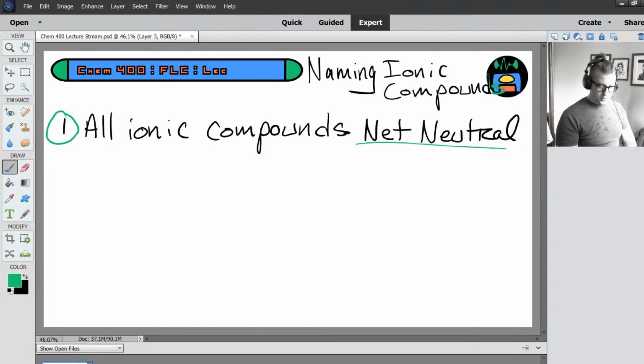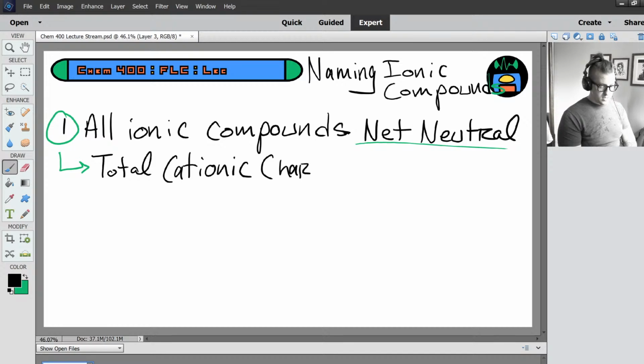Now, net neutral, what does that mean? Net neutral means that the total cationic charge equals the total anionic charge.